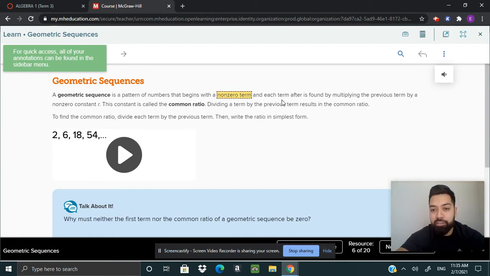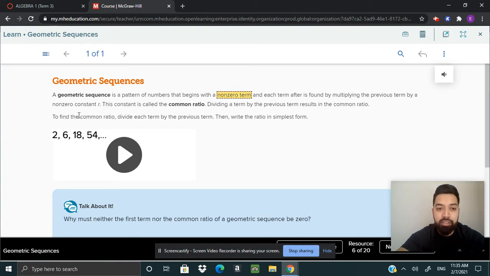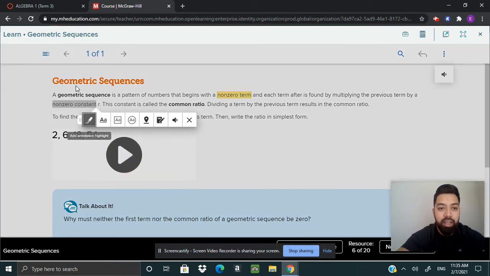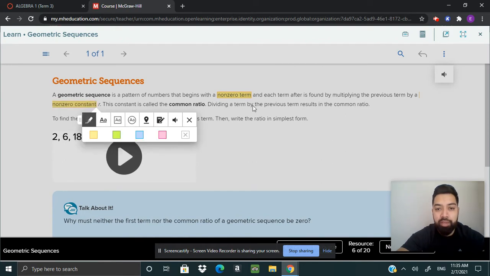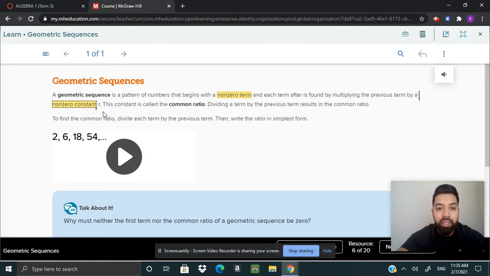And each term after that is found by multiplying the previous term by a non-zero constant. This is also important: you have to multiply by a non-zero constant. That means this one can't be 0 either. This constant is called the common ratio. That's one of your vocab words, the common ratio. I'll show you what that is in a second.